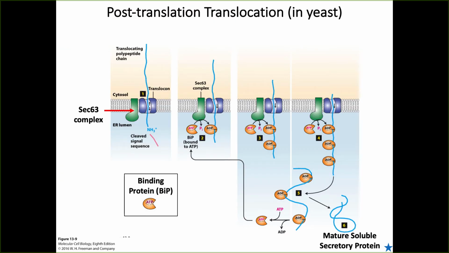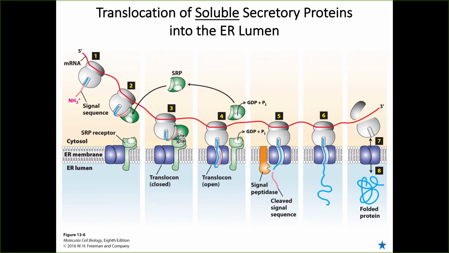This is the first part, but there is an exception. Remember this for your quiz question. So far, as the protein is moving through the translocon, the ribosome is sitting exactly on top of the translocon. So there is only one way for the protein to go. It can only go in one direction.